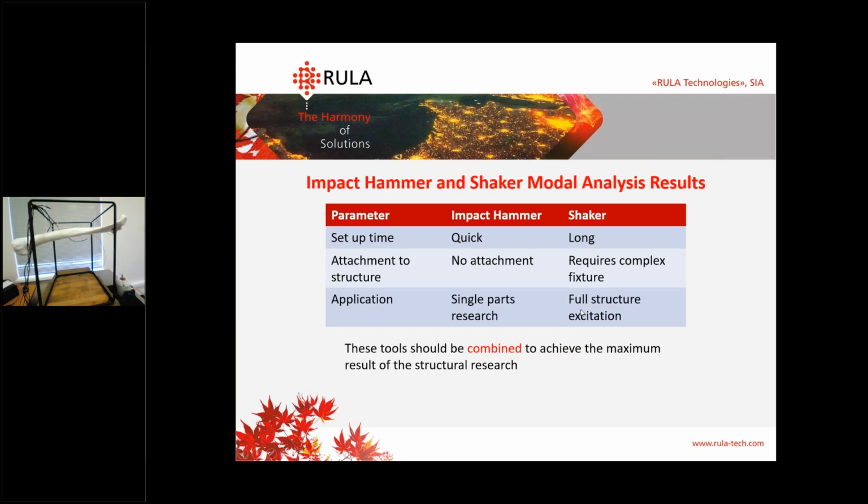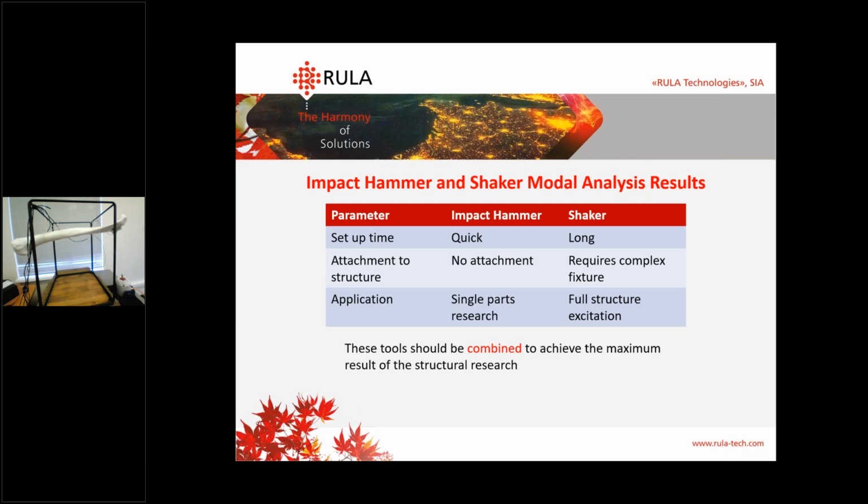So here you see a table with the results of comparison between impact hammer and modal analysis using shaker. The setup time is really quick for the impact hammer. In some cases you can have a sensor with a magnet and an impact hammer, and at every point you need to connect the sensor and perform shocks and get the results.